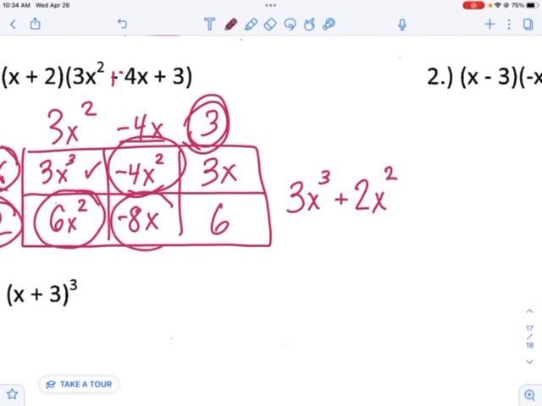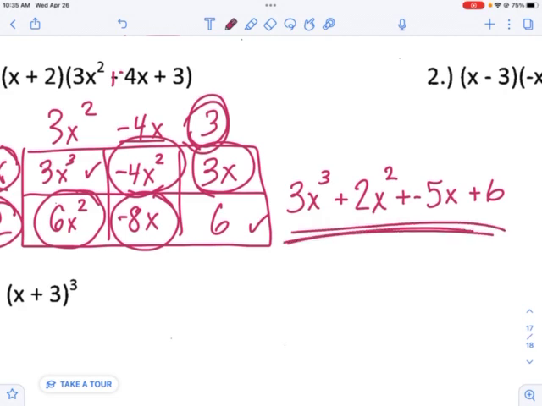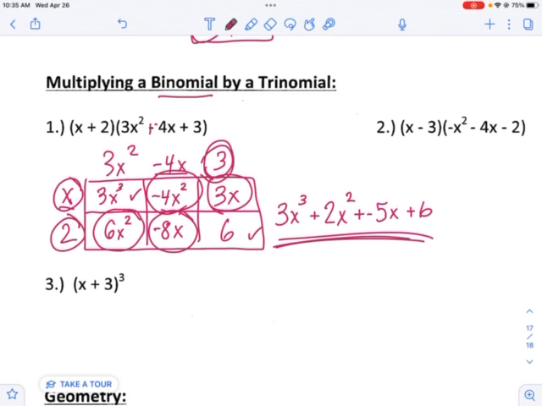I can also combine negative 8x and 3x to have a negative 5x, and then plus 6. So a binomial times a trinomial typically results in a 4-term polynomial. But using the box method is the way to ensure you distribute every term to every term.